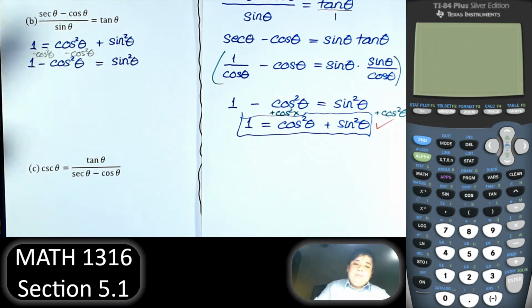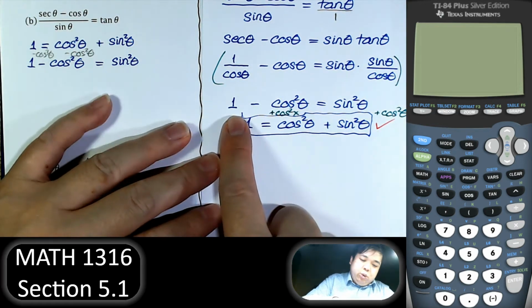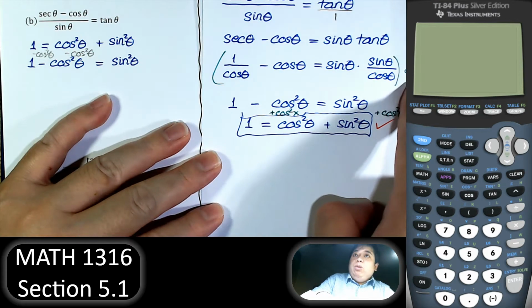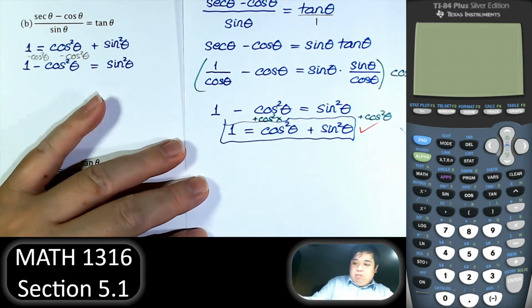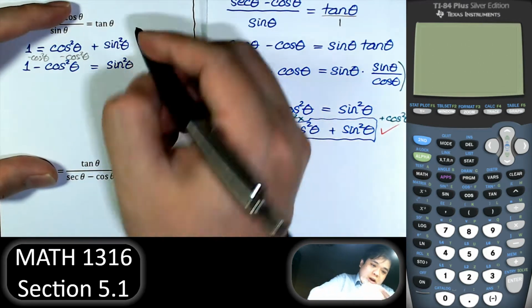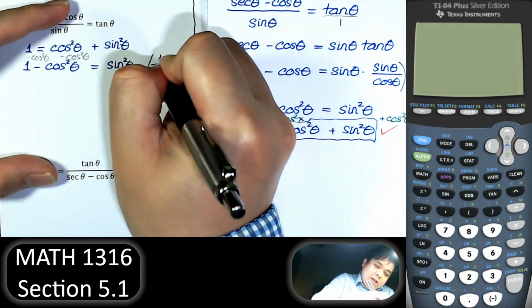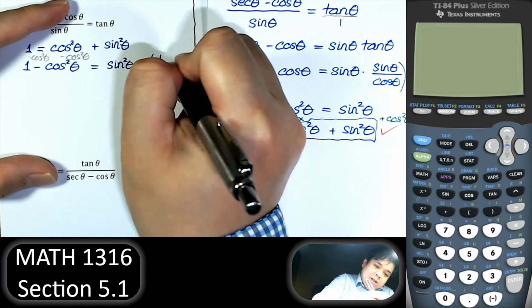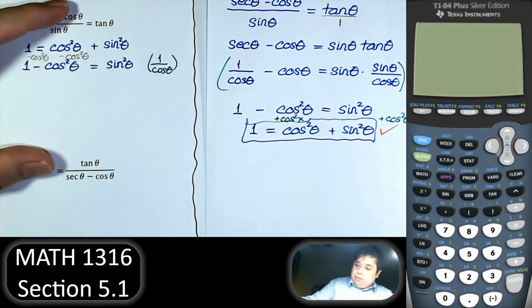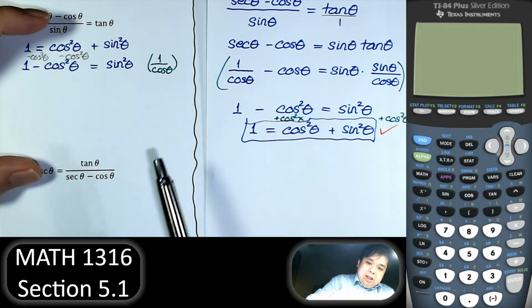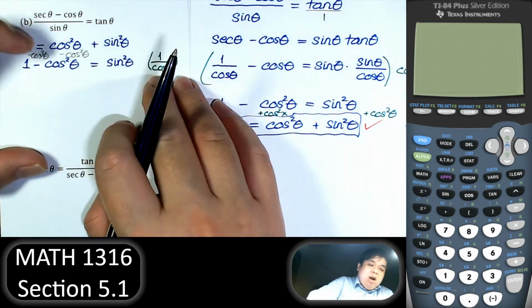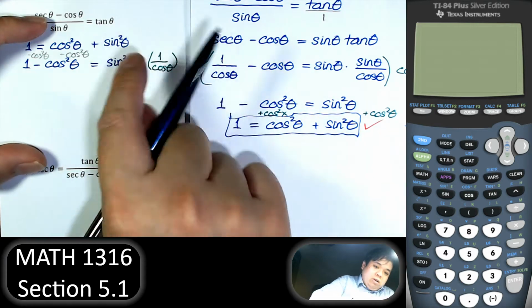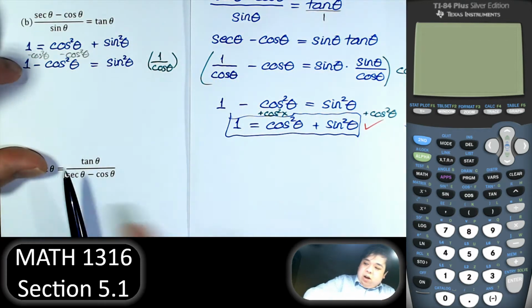That's what we have. And then next, what do we write? Oh, if we multiply everything by cosine, the reverse of that is divide by cosine on both sides. So we multiply both sides by 1 over cosine. So pretty much, instead of multiplying, we divide. Divide is multiply by the reciprocal. And then we multiply across by 1 over cosine.